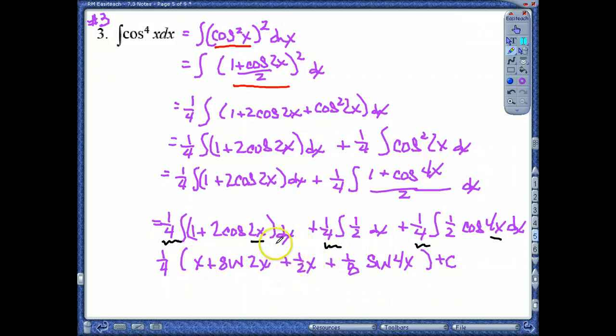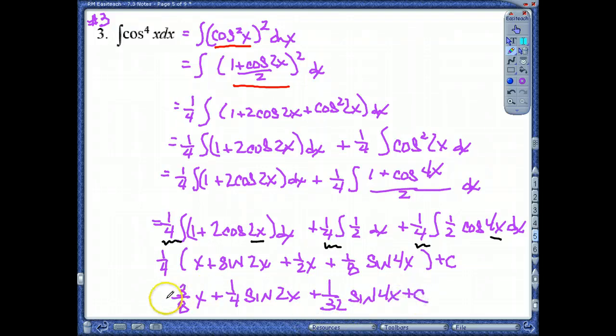I can leave it like that, or I can get them all together, whatever I need to be doing there. I do have an x and a 1/2 x here, so that's 3/2 x times 1/4, which is going to be 3/8 x. And that looks like about the only thing I'll be able to add together. So here's my final answer.